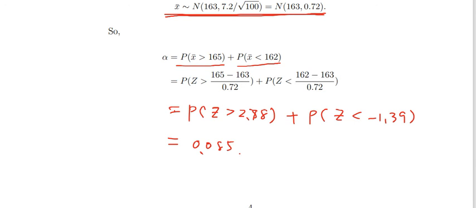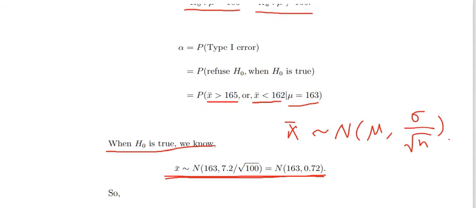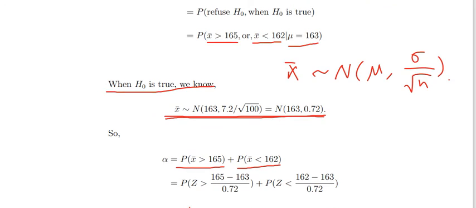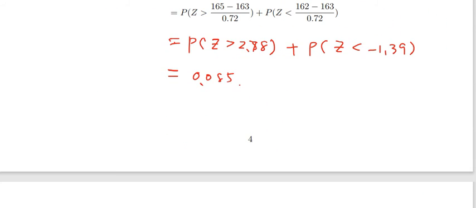This is up to us. We decide whether the chance of a mistake is one we can accept or should not accept. But anyway, for this problem, finding alpha, we are done. So alpha equals 0.085.